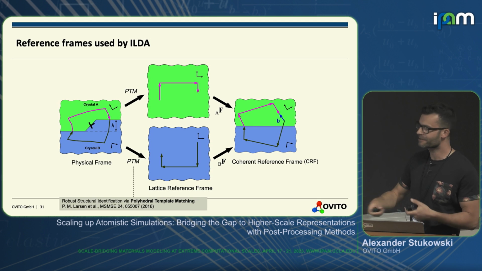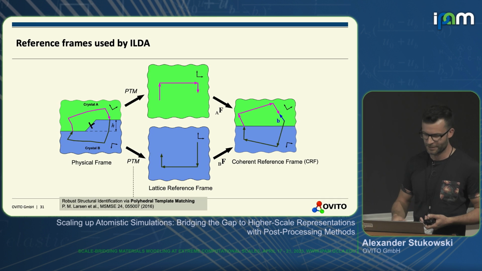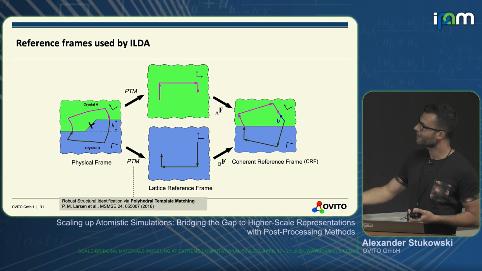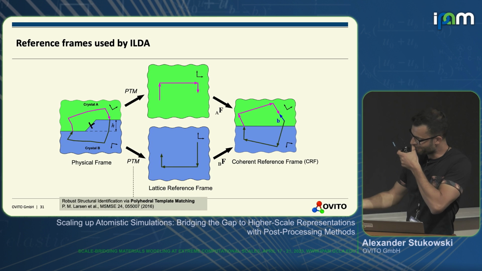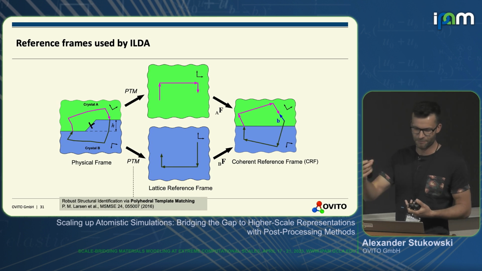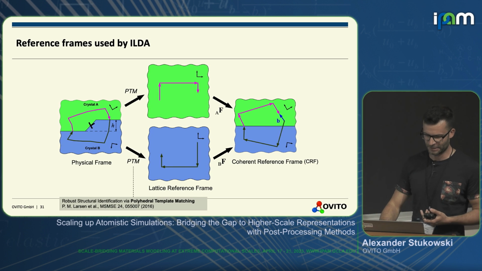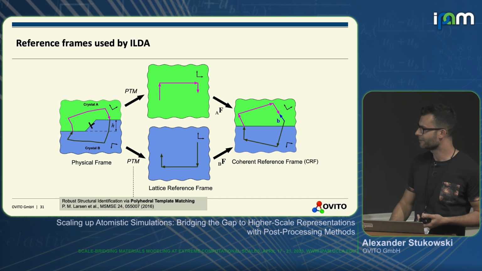We have the physical frame, that's where our atomic input configuration lives, and where we construct a closed circuit. Each half circuit is then mapped to the lattice reference frames, one for each crystal, using the PTM method, polyhedral template matching, which provides basically a stepwise mapping to the ideal lattice. And then each of these half circuits is mapped to a shared coherent reference frame.